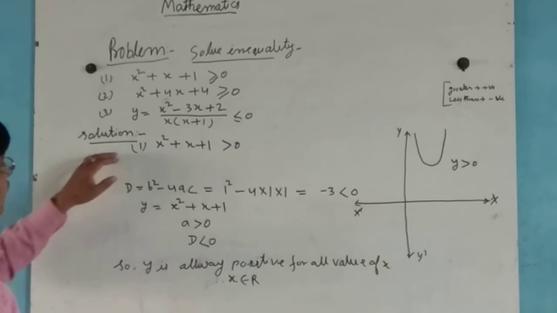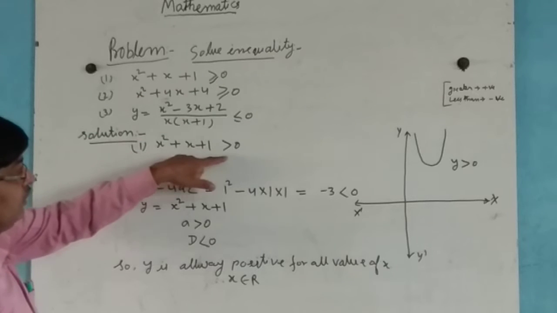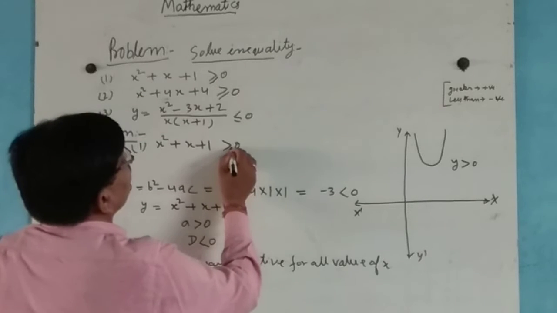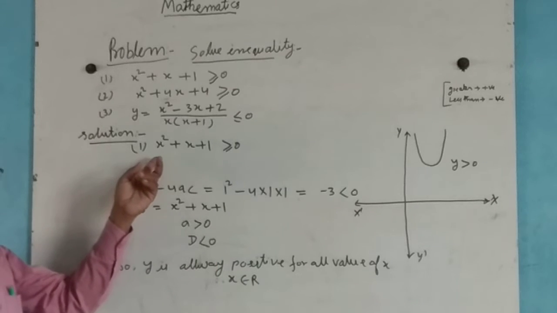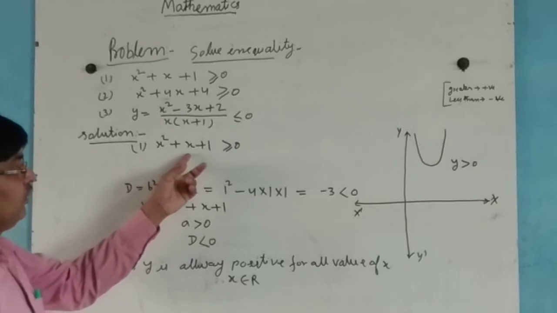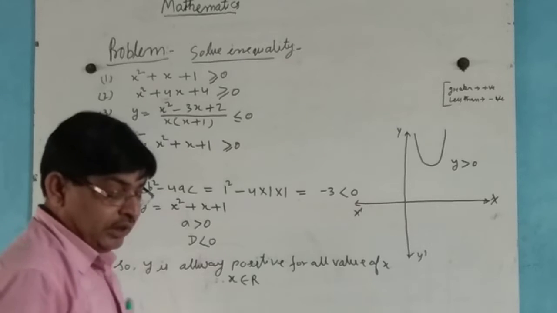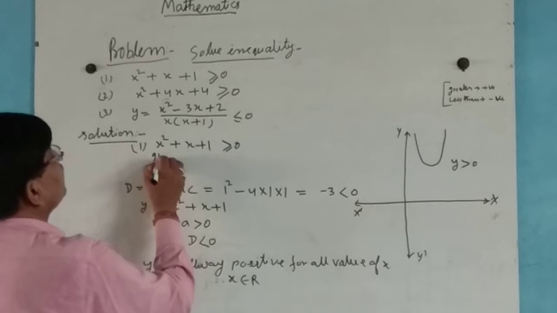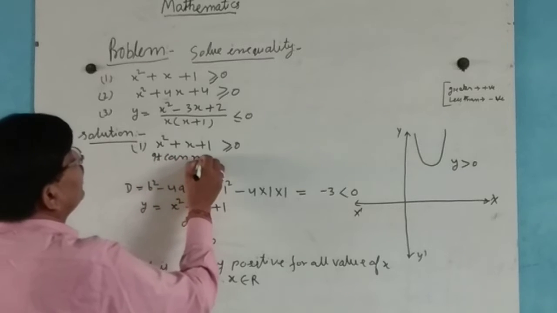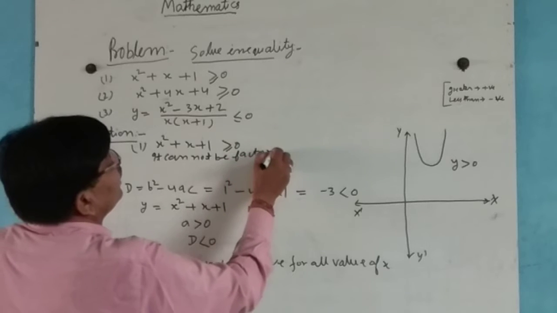Now the first question, x² + x + 1 ≥ 0. We cannot divide it into factors.